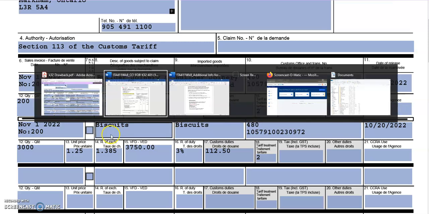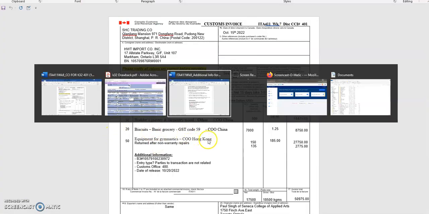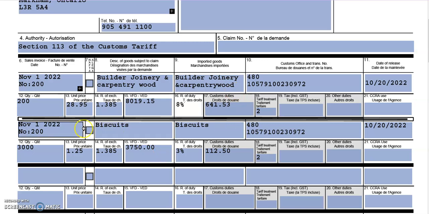Okay, so let's look at the second item. And the second item is biscuits. The second item was 3,000 pieces of biscuits exported to Brazil. So the sales invoice is the same sales invoice. They're biscuits, same customs office, the same original transaction number, same original date of release.